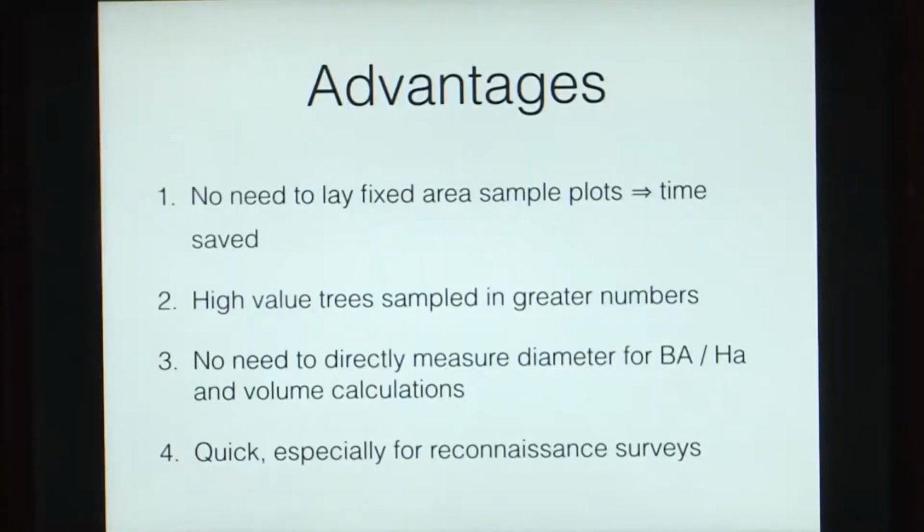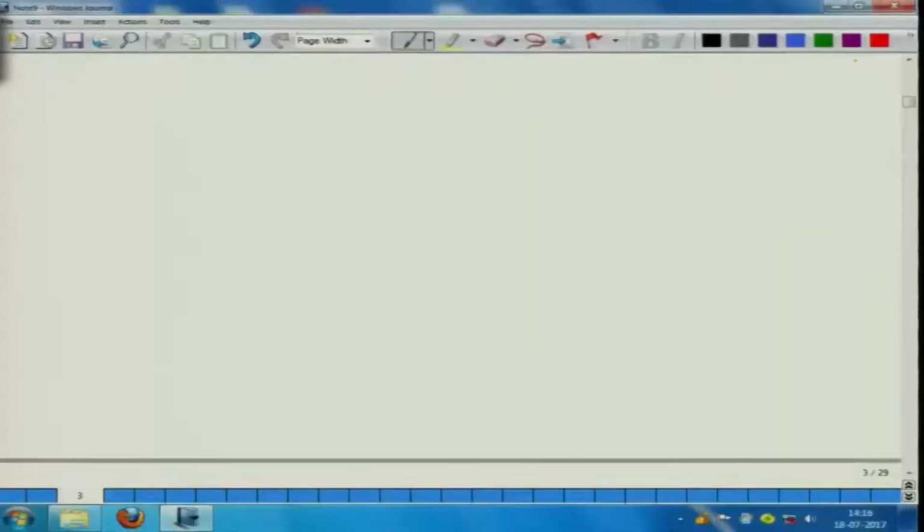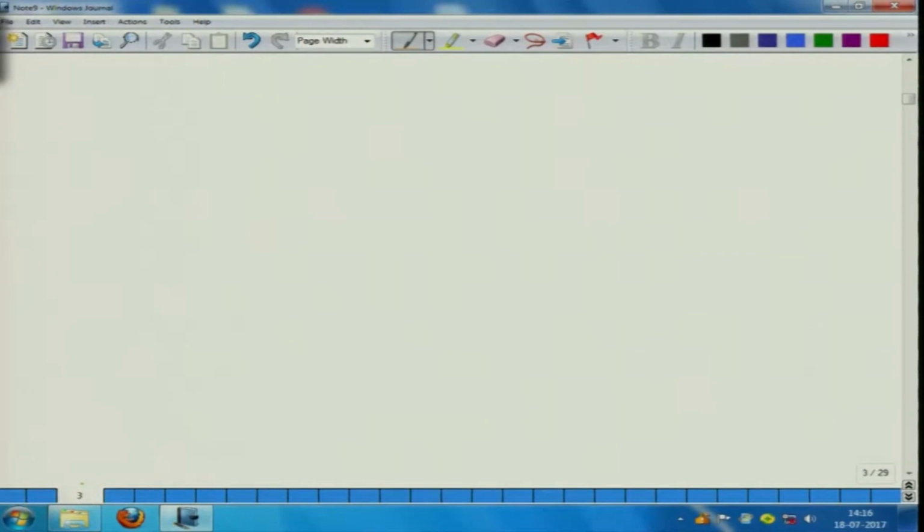One, we do not need to fix any fixed area sample plots. Also, the high value trees in the case of point sampling are sampled in greater numbers. So, what does that mean? If we went for a fixed area sample plot, then this is how our stand would look.